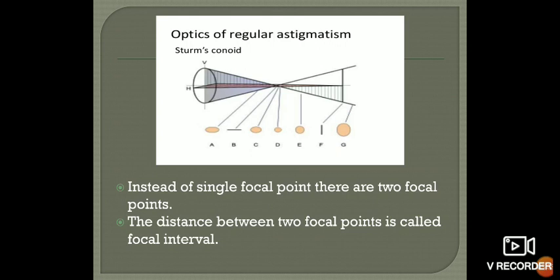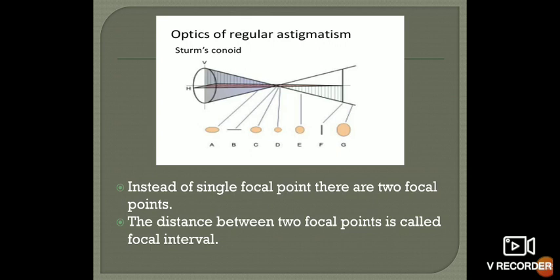You can see the point focusing of the vertical rays is occurring at point B, while the point focusing of the horizontal rays is occurring at point F. So there are two focal points, one at B and one at F, and the interval between B and F is called the focal interval.